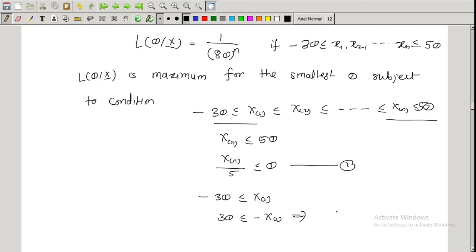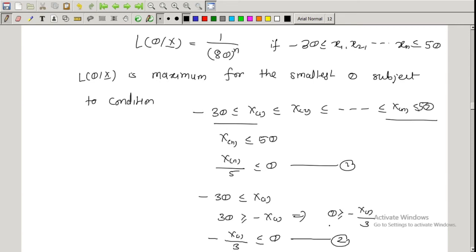This implies theta is, here the inequality changes, greater than or equal to minus x order 1 upon 3. This implies minus x order 1 upon 3 is less than or equal to theta. This is my equation number 2.